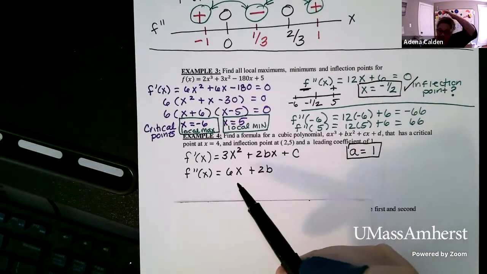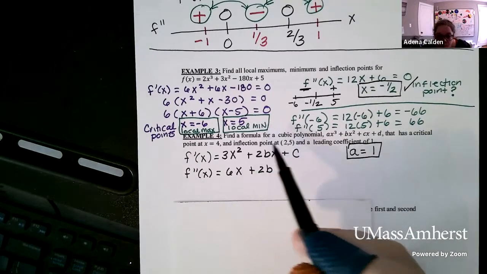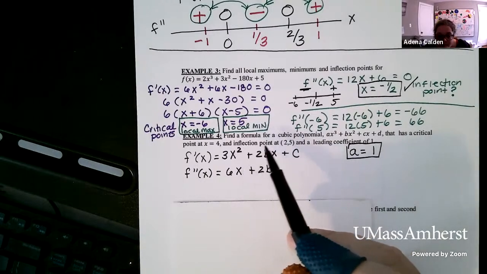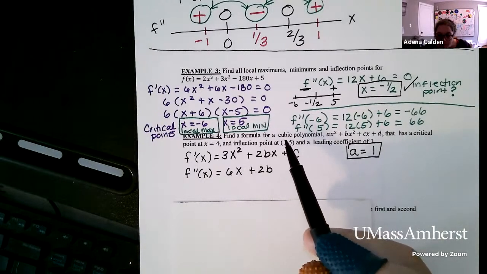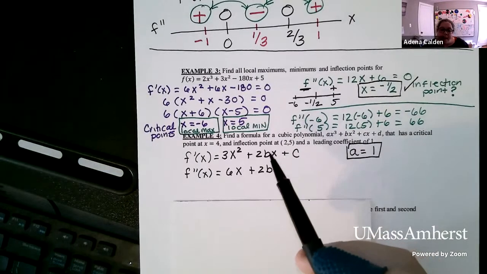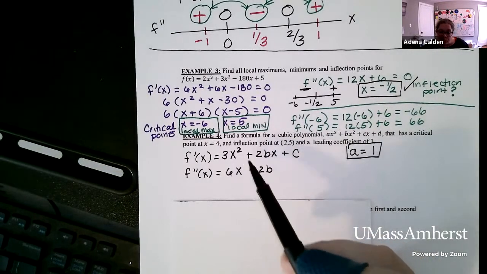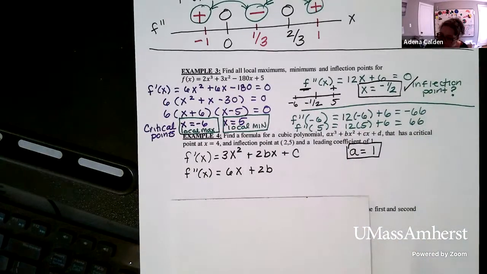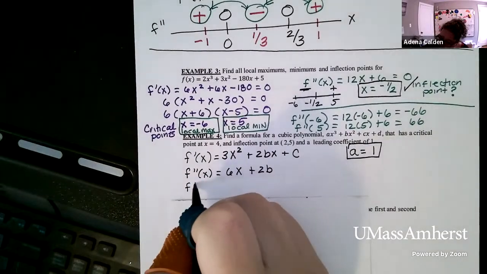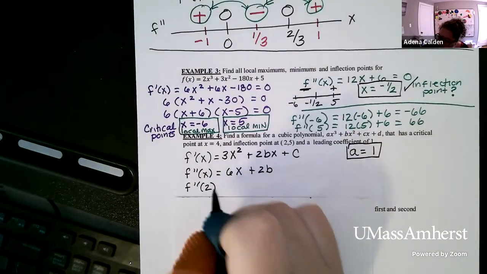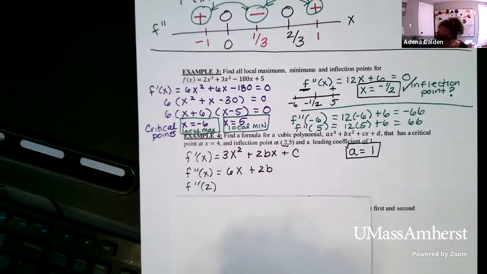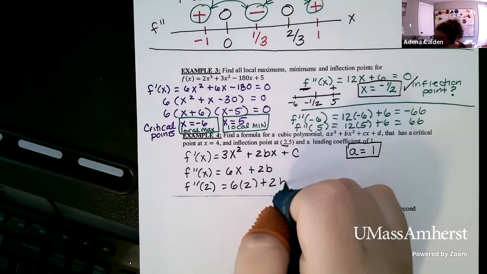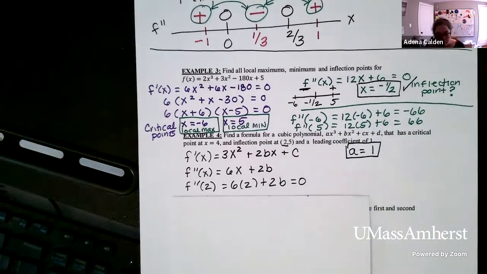And I know you may be thinking, well, x is unknown, but we actually do know something about the x value from this statement here. If we have an inflection point at the point (2, 5), then that means that when x equals 2 from this point here, the second derivative should equal 0. So when x equals 2, we get 6 times 2 plus 2b equals 0.